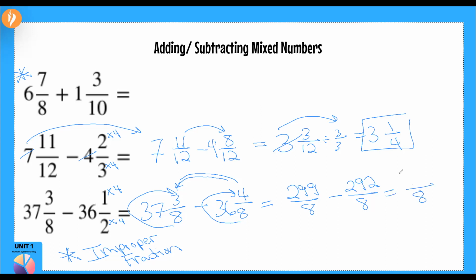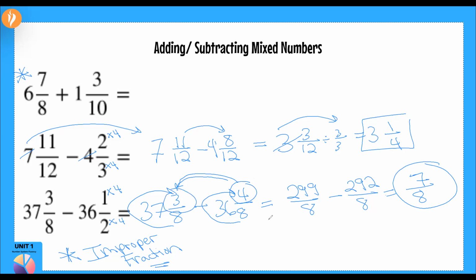So when we subtract 299 minus 292, we get 7/8. And guys, we're done because that's in simplest form. Okay. So when do you have to turn your subtraction problems into improper fractions? Only after you found common denominators and you find that the second numerator is greater than the first one.